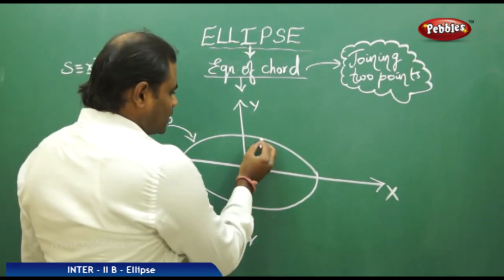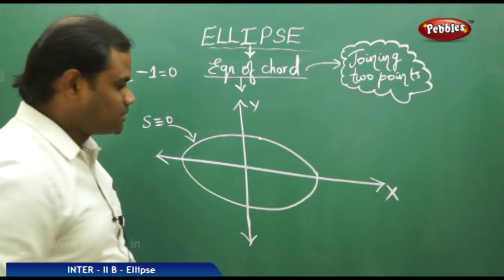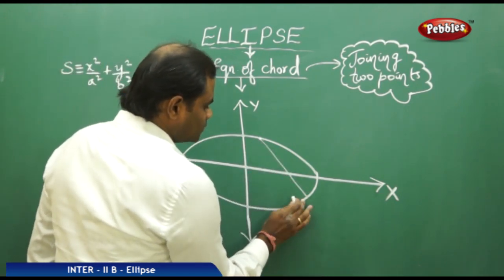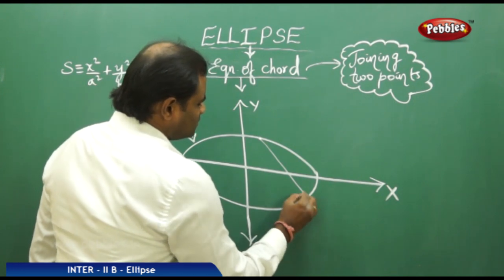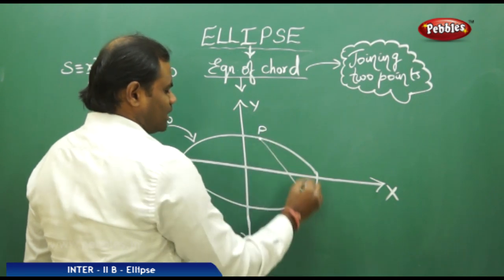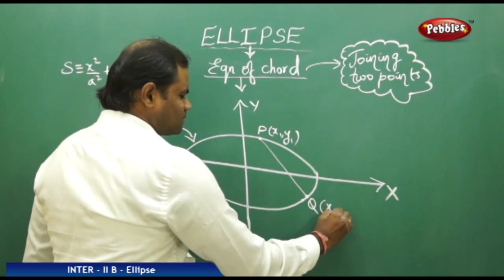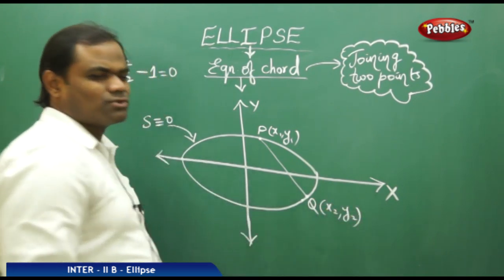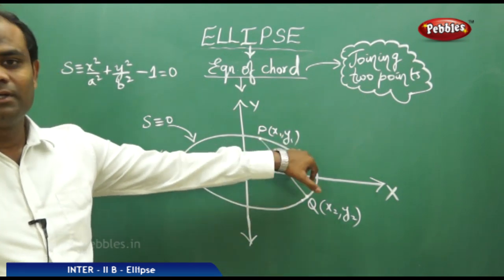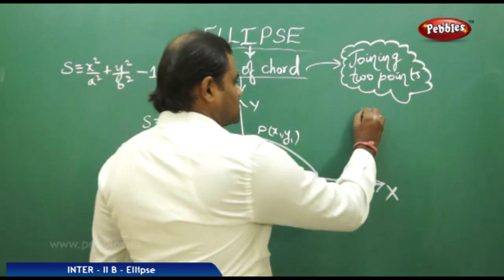Then we know that a chord is a line segment joining 2 points of the ellipse. Therefore, let me take the chord which joins these 2 points P and Q, with P equals x1, y1 and Q equals x2, y2. So the equation of the chord joining P and Q, with P having coordinates x1, y1 and Q having coordinates x2, y2. PQ is the chord.